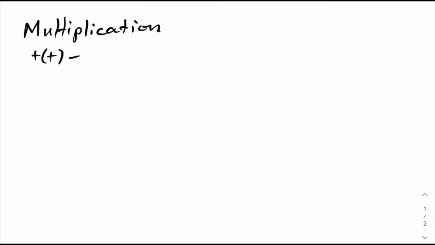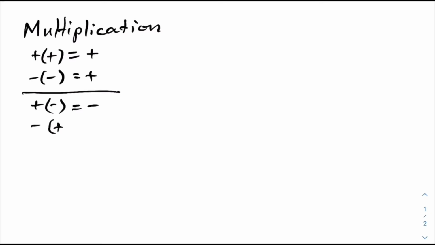when you have a positive number times a positive number, you should get a positive answer. Negative times negative equals positive. Positive times negative equals negative.